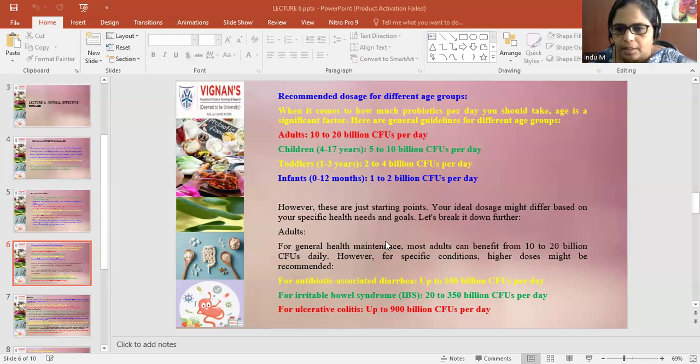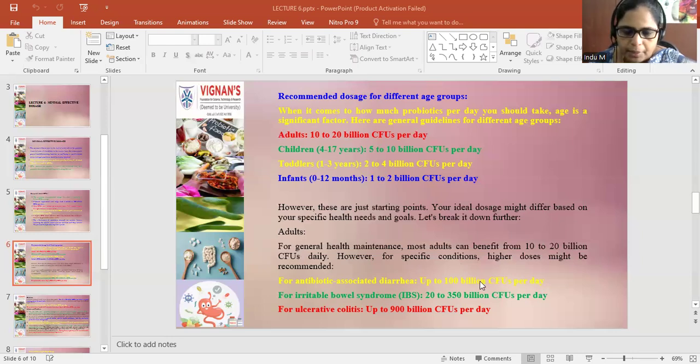However, these are just starting points. Your ideal dosage might differ based on your specific health needs and goals. For adults, for general health maintenance, most adults can benefit from 10 to 20 billion colony forming units. However, if any disease condition is there, you have to prescribe higher doses. For example, for antibiotic associated diarrhea, you can prescribe up to 100 billion colony forming units per day.